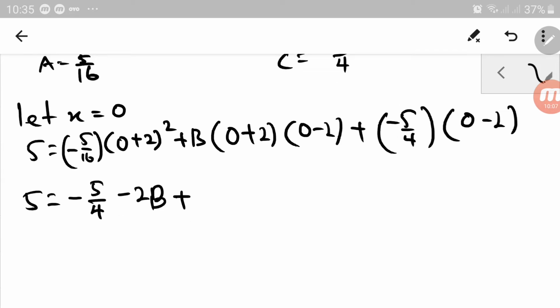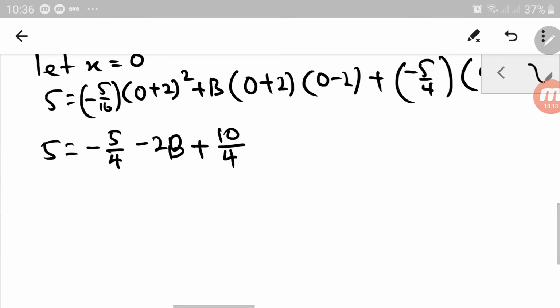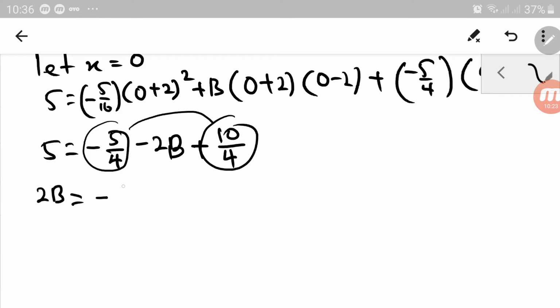Or better still, I just retain the 4. So 2b positive, and then minus 5 over 4 plus 10 over 4 is 5 over 4. And then minus 5.